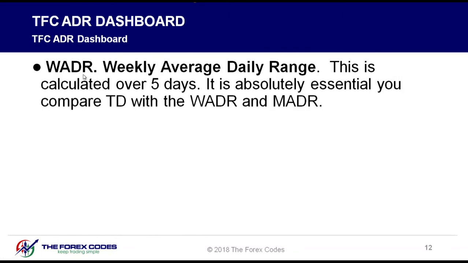So the weekly average daily range, WADR, is calculated over 5 days. So it's important when you're looking at your screen and at your charts that you compare today's range, how many pips today the currency pair has gone, with the weekly average daily range and the monthly average daily range.